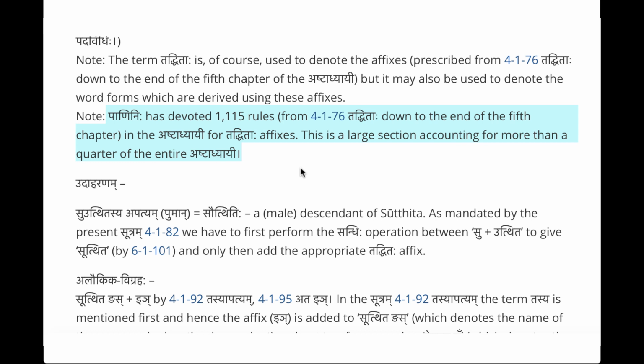That's what this means. Let us now take a udaharanam, an example, to understand how this system of tadhitaha works. Example is Suthitasya apatyam Uman Sauthitihi, male descendant of Suthita, as mandated by the present Sutram 4.182 Samarthanam Prathamadva. We have to first perform the sandhi operation between Su plus Utthita to give Suthita by 6.1.101 Akasavarne Dirghaha, and only then add the appropriate tadhita affix.